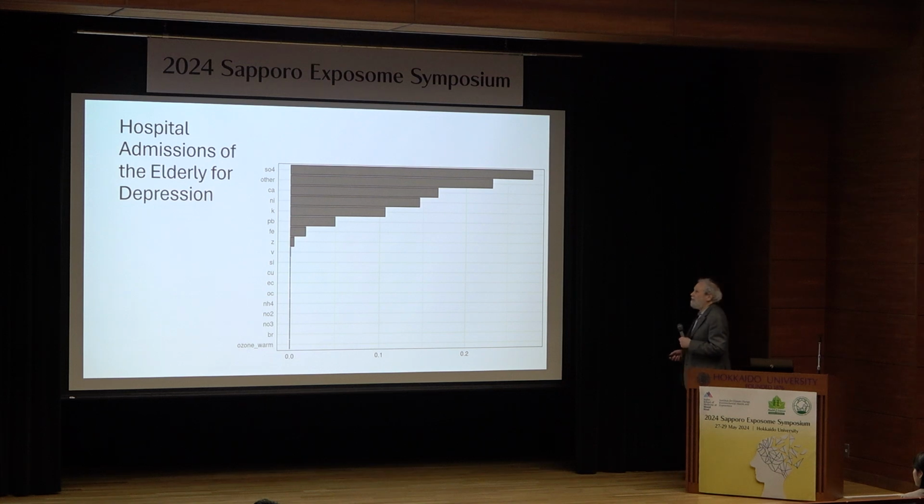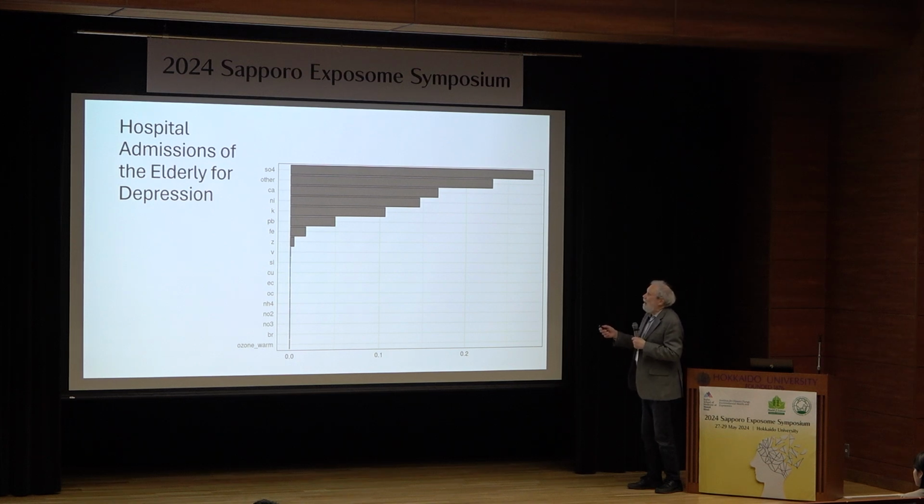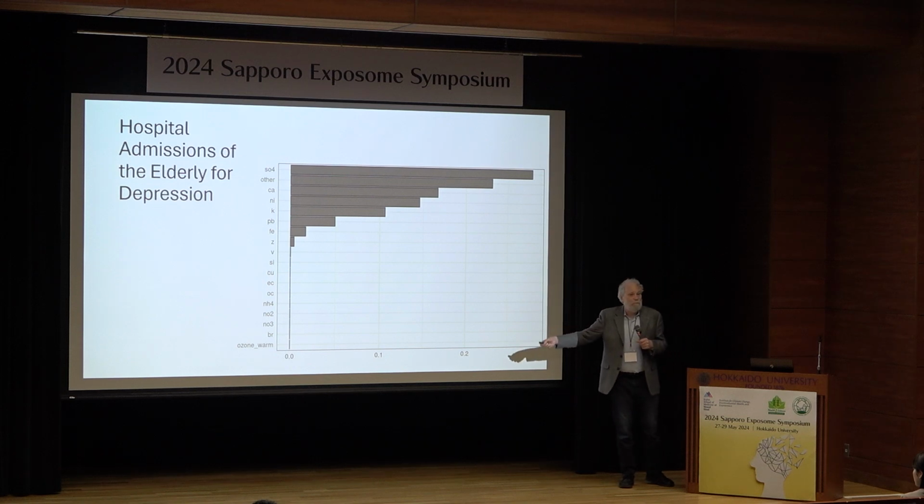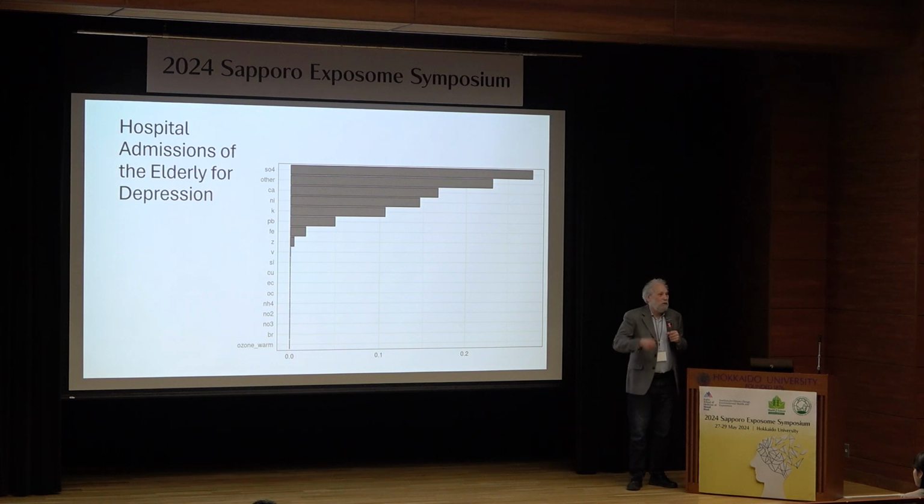So this is looking at another outcome, which is admissions of the elderly for depression. And here again, okay, we see sulfate, so that's showing up some. Other is the difference between the sum of the 15 components that I modeled and the overall PM 2.5, which I also modeled.